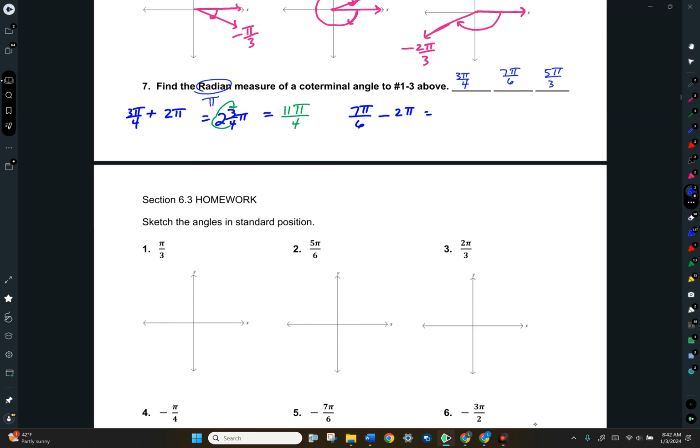And if I'm going to add or subtract fractions, I have to think common denominator, right? Well, so 7/6 minus, isn't 2 the same as 12/6? So isn't that going to come out to be -5/6? And we're talking pi. Okay, so you do have to know how to add and subtract fractions. Okay, that was section 6.3.